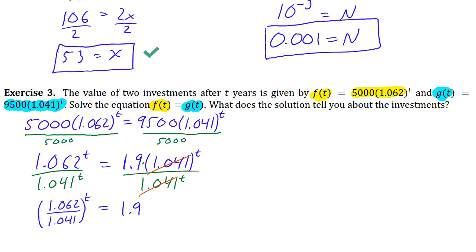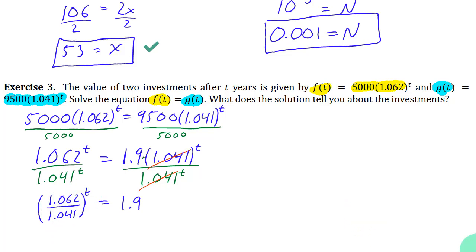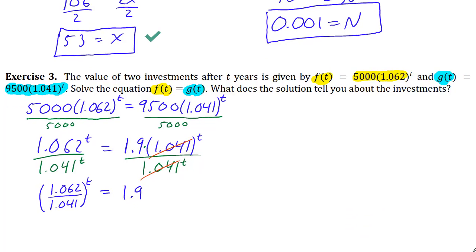And now this is where you probably want to take a logarithm of both sides. Log of this whole thing equals log of 1.9.